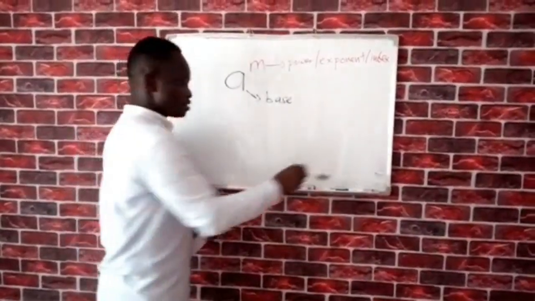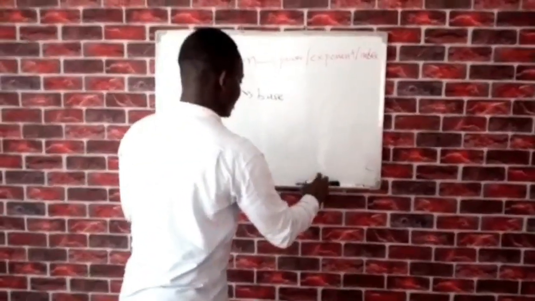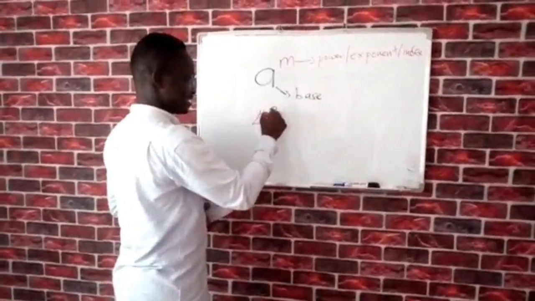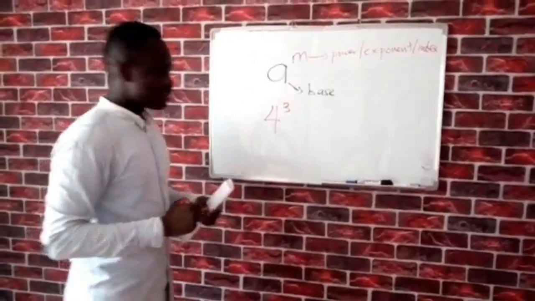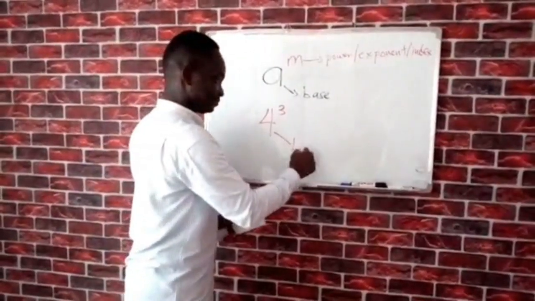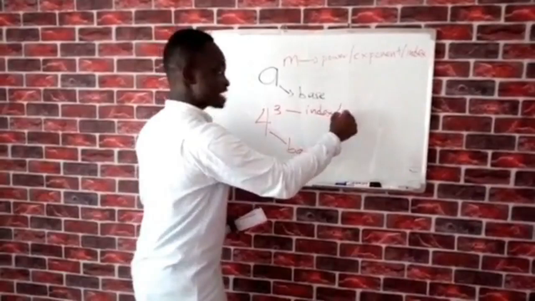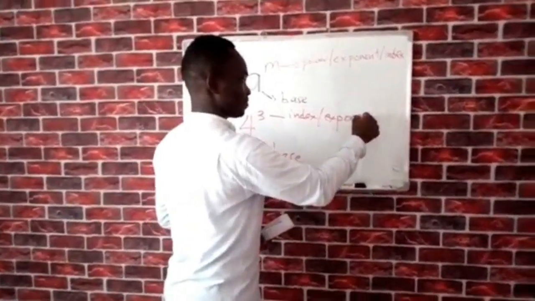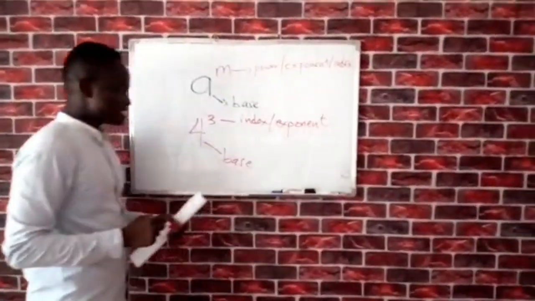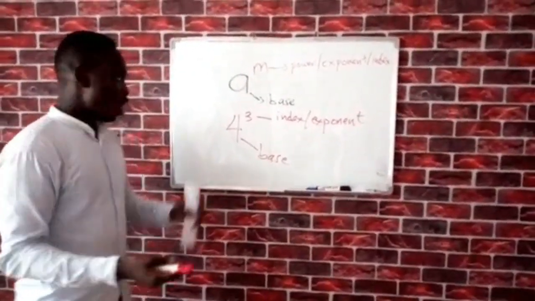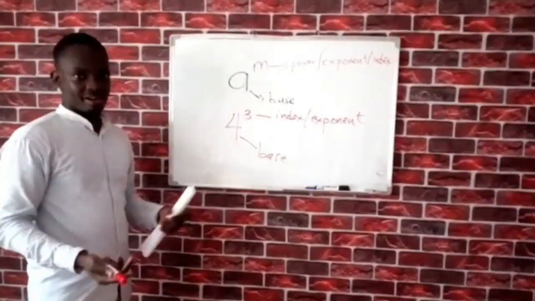Are you okay? So example, we have something like this. So we are saying that 4 is the base, 3 is the index or the exponent. So this is how we mention it. So we say that 4 exponent 3 or 4 to the power 3.